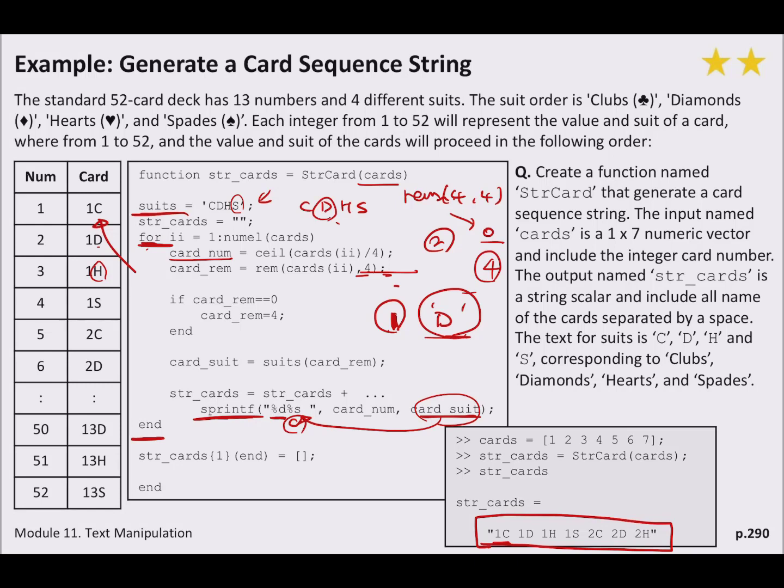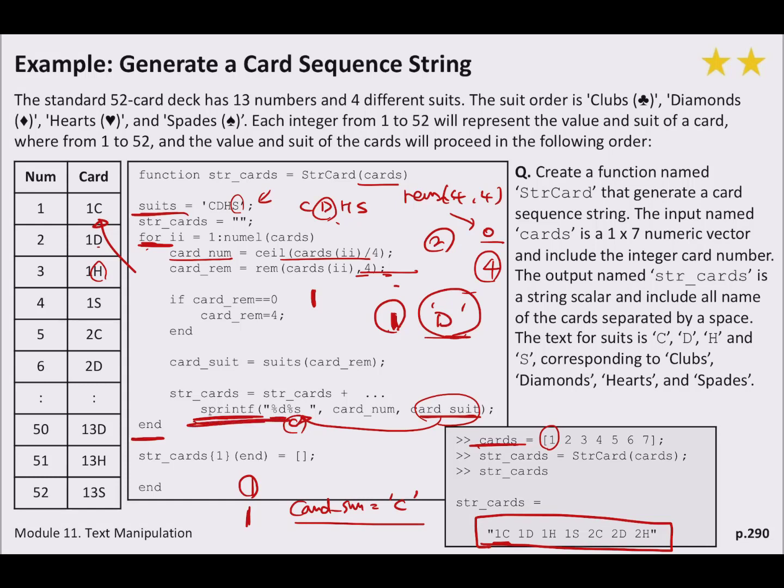It's the same. Let's say your cards are 1 to 7. In the first iteration, i is equal to 1, so the card number is 1 and the card remainder is 1. So the card suit is C, right?